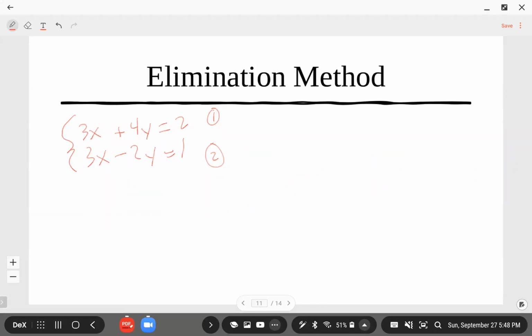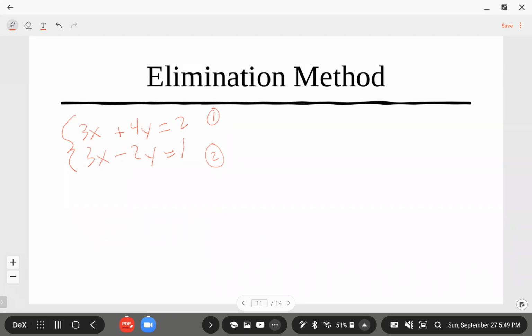When we subtract the equations, we subtract x and x, we subtract y and y, and we subtract the numerals, okay? In this case, let's do 1 minus 2.